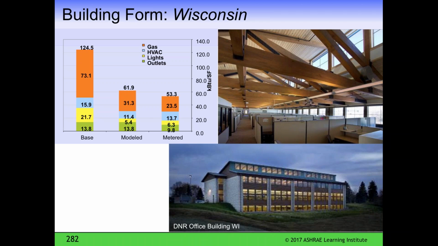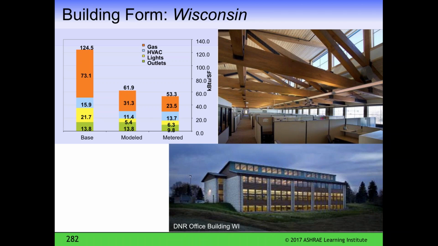And both the building as modeled and as metered were about half of what the code at the time was showing. So even if you have 33% savings from that point to 2016, you still have a daylit building. It's very pleasant, that's consuming considerably less.